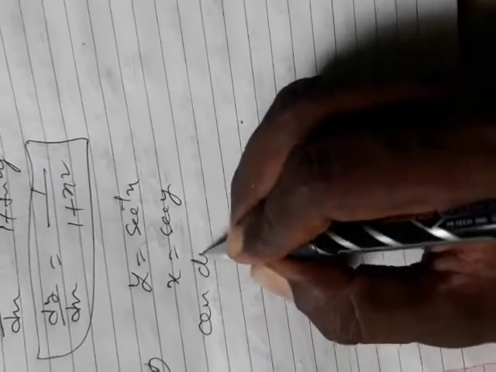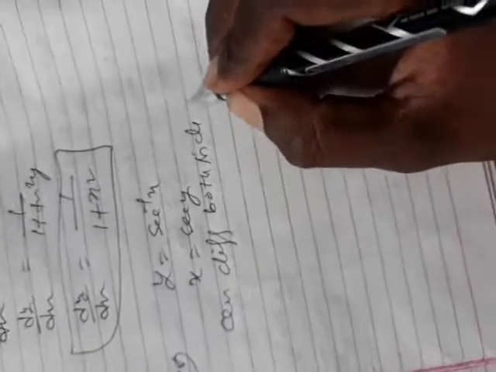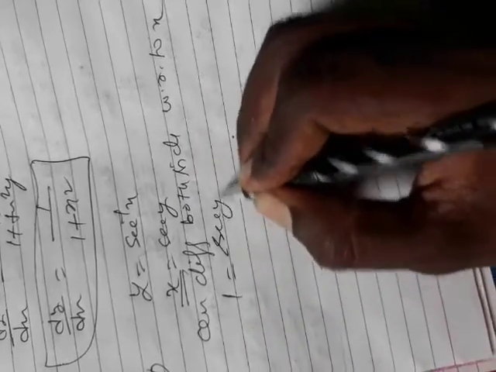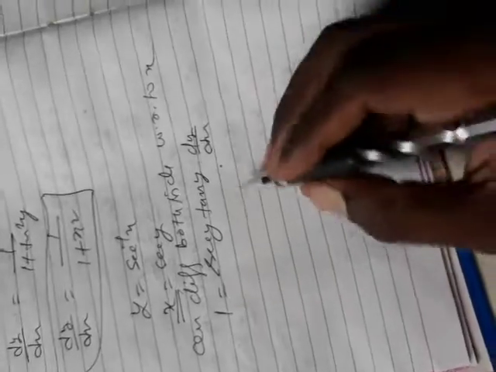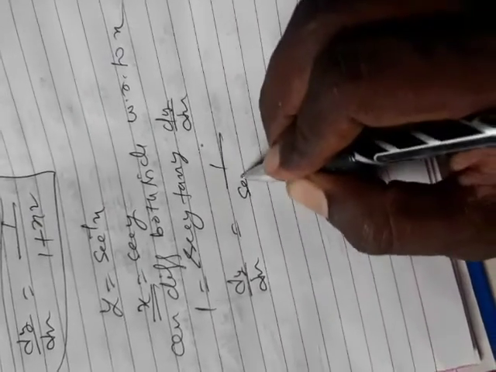On differentiating both sides with respect to x, the differential of x will be 1, and sec y differentiates to sec y tan y into dy by dx. So you can write dy by dx is equal to 1 upon sec y tan y.